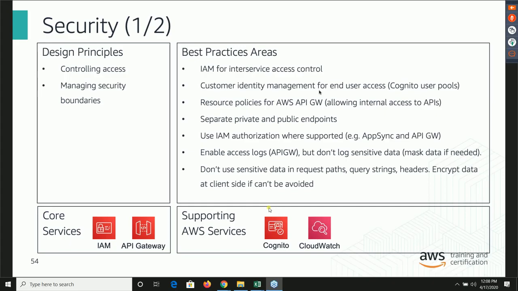So instead of putting sensitive data in query strings, either send them in as part of post data, or if you have to use query strings, encrypt the data on the client side, so that those don't get into logs. If they do get into logs, you still would have to control access to those logs and do some data masking on that. But that's not a good practice though.